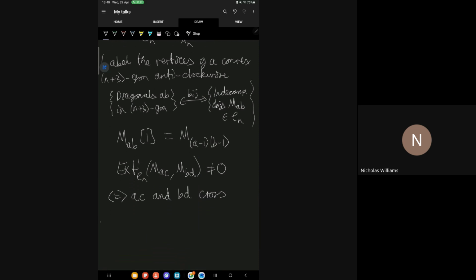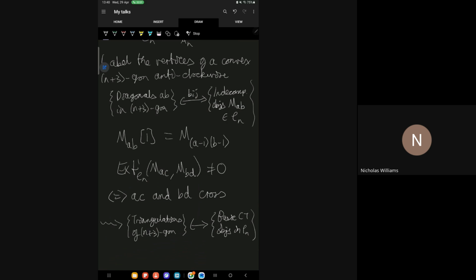And somehow a corollary of these facts is that we have this bijection I mentioned at the start between triangulations of the n+3 gon, and on the other hand, basic cluster tilting objects in C_n.